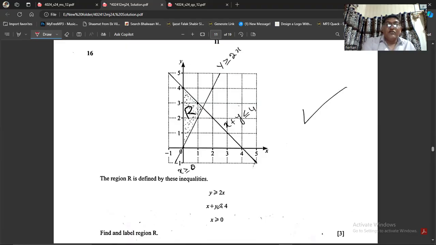Then this line, I will draw this line. I will take different values of x, and the y will be automatically calculated. So when I put x as 0, the y will be 4. When I put x as 1, the y will be 3. When I put x as 2, the y will be 2.